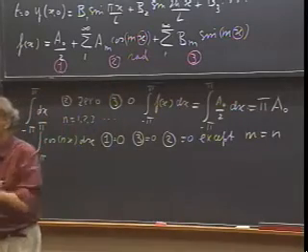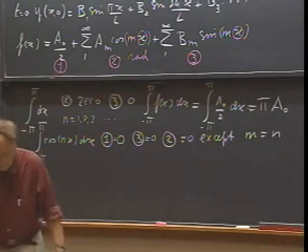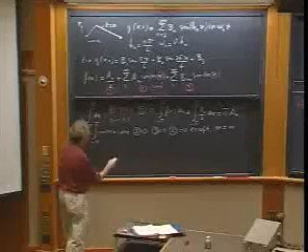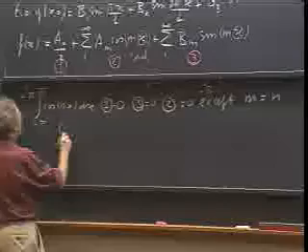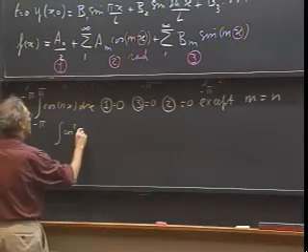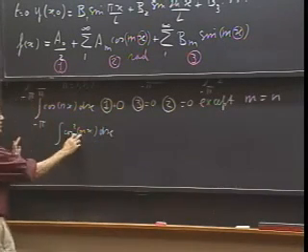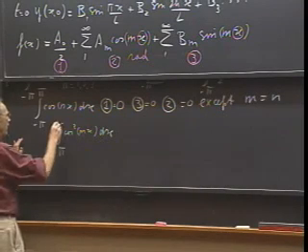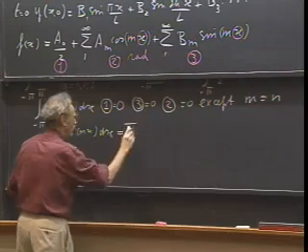And when you integrate a cosine squared, you do not get 0. In other words, if m equals n, you're going to get the cosine squared of mx dx, because m is n, and I must integrate that between minus pi and pi, and that equals pi.